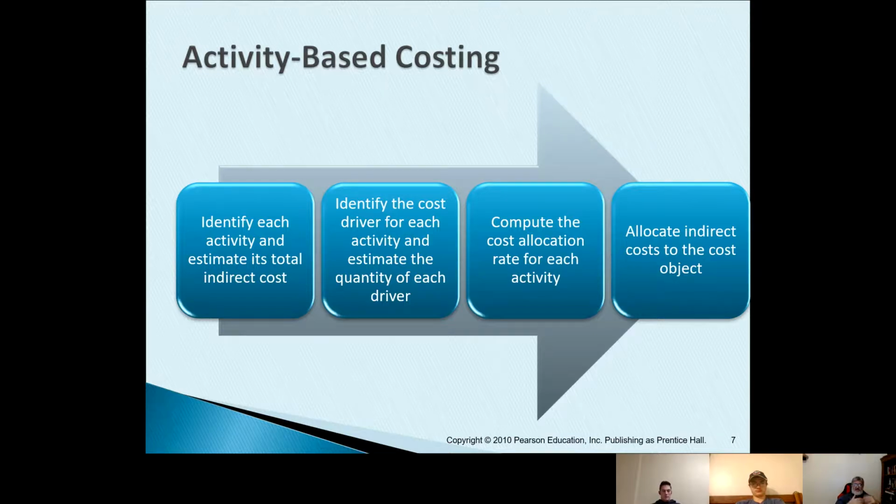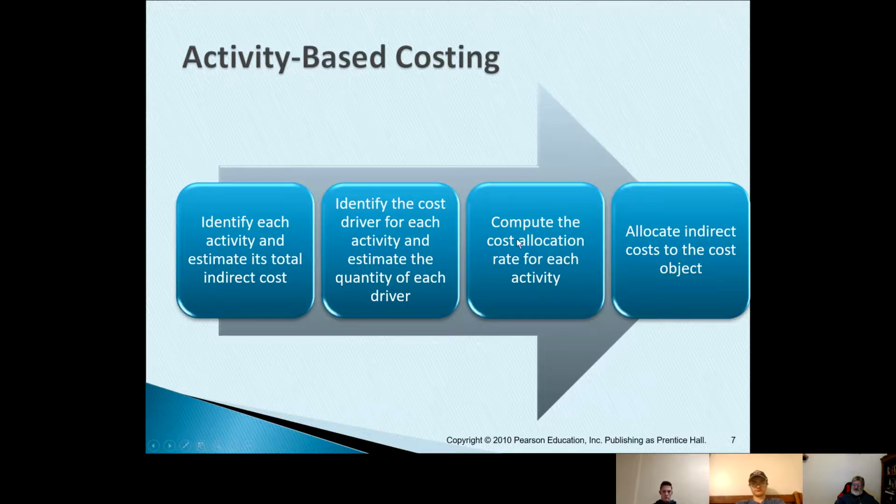In my case, in a machine shop, I always did it by month, just simply because things were so volatile and they changed so much, I needed to know what my numbers were right now. So I had to figure out how much I pay the material handlers per month. Then I've got to identify what my cost driver is. In this case, I counted the number of parts that they moved. Well, how many parts were they going to move over the course of the month?